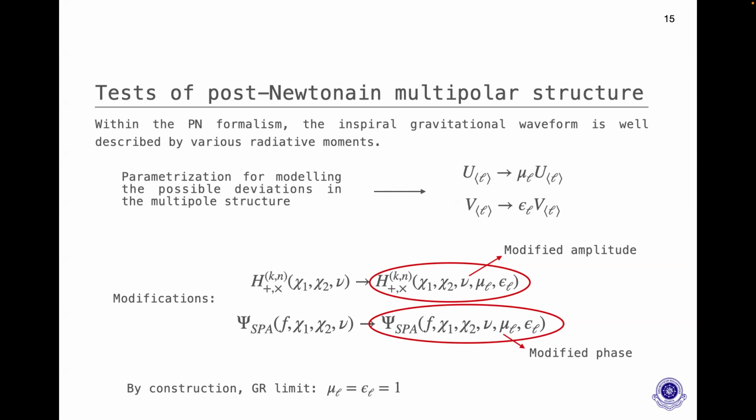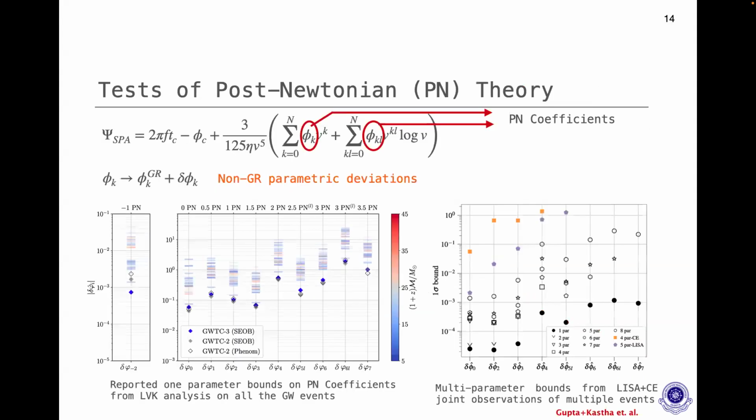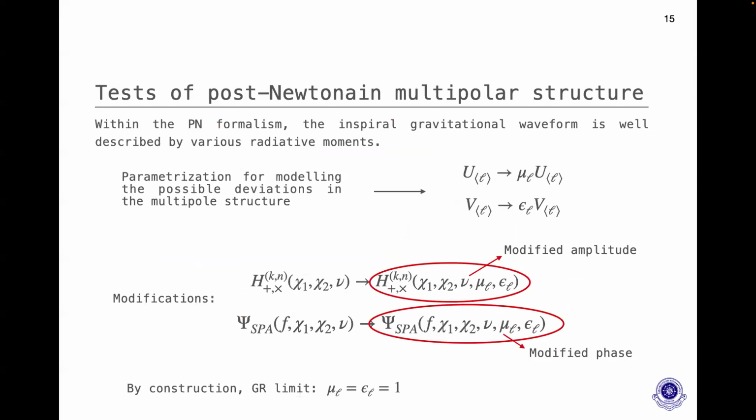What we achieve by doing this is we can simultaneously and uniformly introduce the deviation in the phasing as well as the amplitude. In the previous case, we were just adding deviation parameters in the phasing. If we wanted to add some deviation at the level of amplitude, then we had to introduce another set of parameters, which we do not need to do in this case.